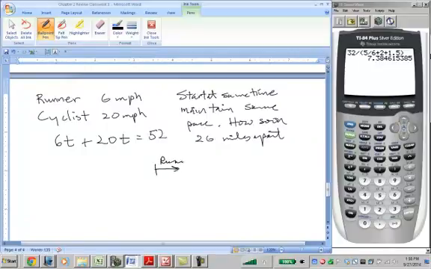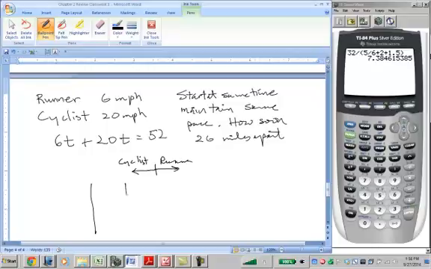So here's the runner, and here's the cyclist. They're going in opposite directions. The runner is running at 6 miles an hour, and the cyclist is going 20 miles per hour. Let's assume they're going to maintain the same pace, which is assuming a lot. Anyway, how soon will they be 26 miles apart?